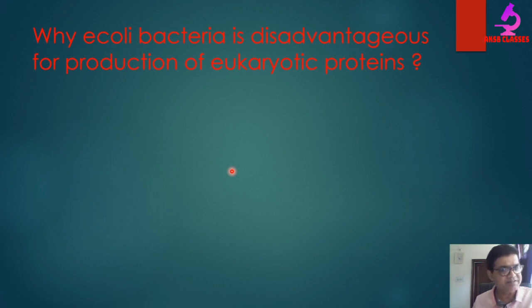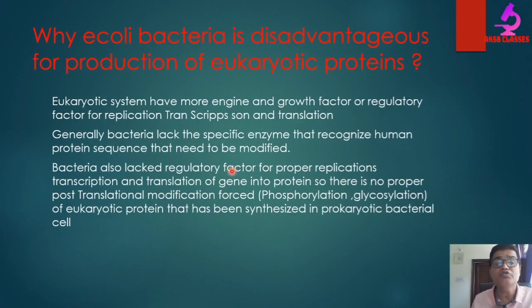In the prokaryotic system, there are many different enzymes and regulatory factors that are not present, unlike the system in eukaryotes, because the eukaryotic system is more advanced than the prokaryotic system. E. coli bacteria come in the category of prokaryotic systems, and the eukaryotic protein must be translated from mRNA, and again mRNA from the gene of eukaryotic DNA.